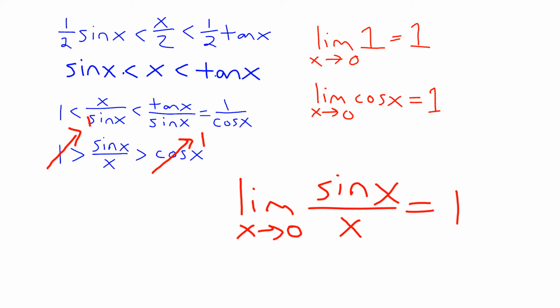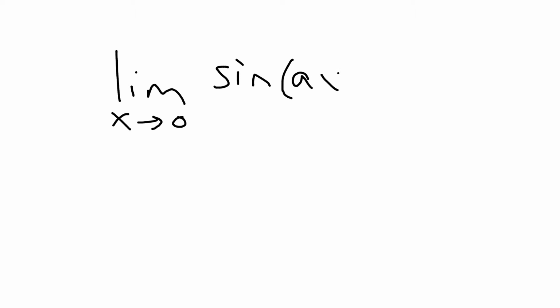And this is basically a rule that we'll use for the rest of the semester. A slightly more general rule that we'll use is that the limit as x approaches 0 of sine of ax over ax, where a is any number, well, at least that's not 0, this limit is also equal to 1.